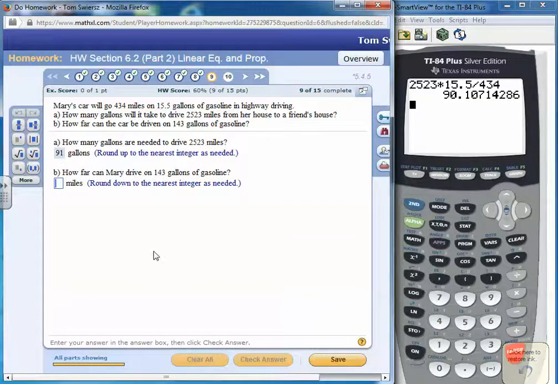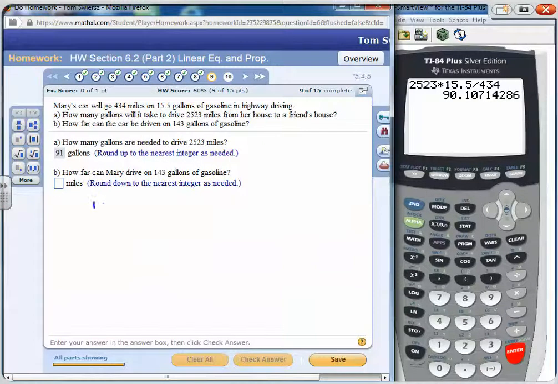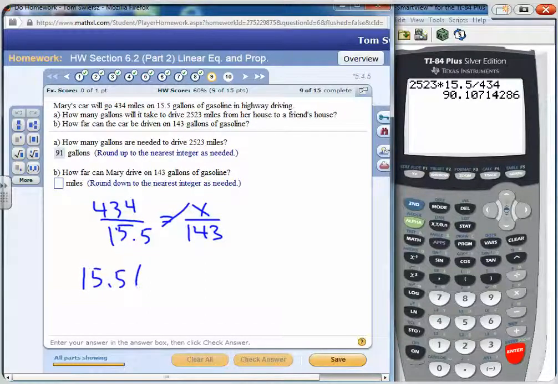How far can Mary drive on 143 gallons of gas? So now we have miles. The ratio we have is 434 over 15.5. And how many miles? X, we don't know miles. And the number of gallons of gas is 143. Cross products: 15.5 times x equals 434 times 143, the other cross product.